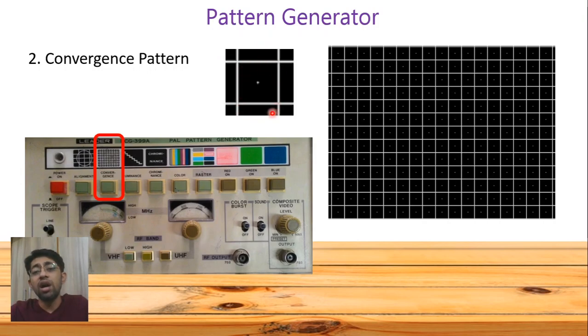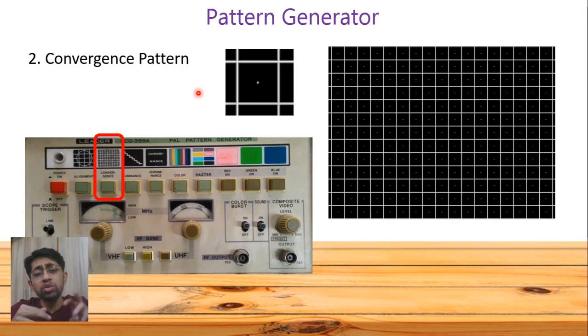So for understanding the use, let us recall that in case of color television, obviously analog color television, the screen has thin strips of red, green and blue phosphorus.